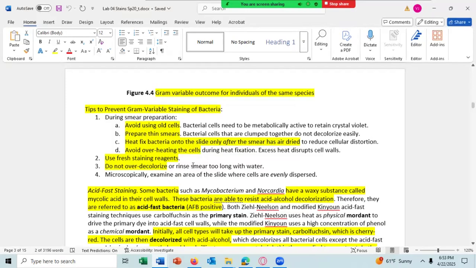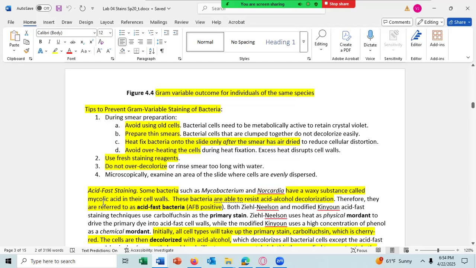All right, the acid-fast stains, the next stain we're going to talk about. Some bacteria, such as the Mycobacteria and the Nocardia, these are two families of bacteria, have a waxy substance in their cell wall called mycolic acid. Particularly the Mycobacteria have a lot of mycolic acid in their cell wall.